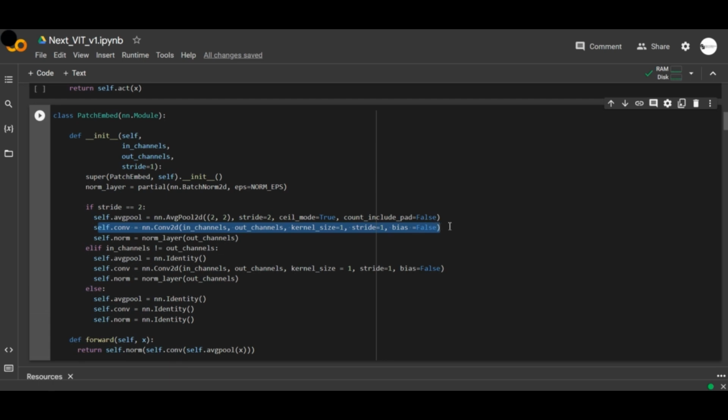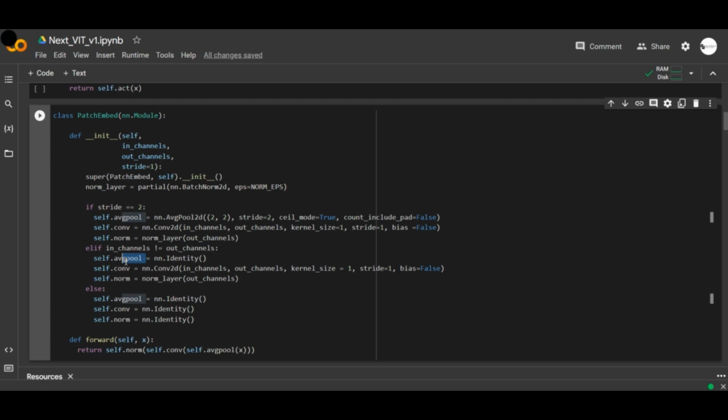This is a pointwise convolution, a one-by-one convolution layer. Then we apply the norm layer. In a case whereby the input channels do not match the output channels, instead we apply this identity function, a simple function that returns its input unchanged.